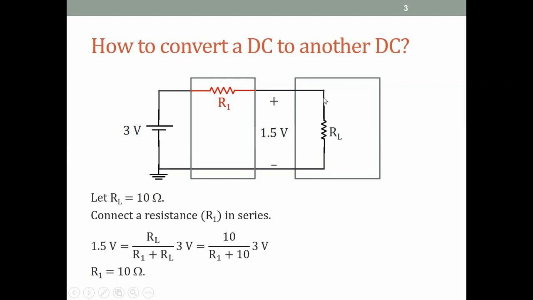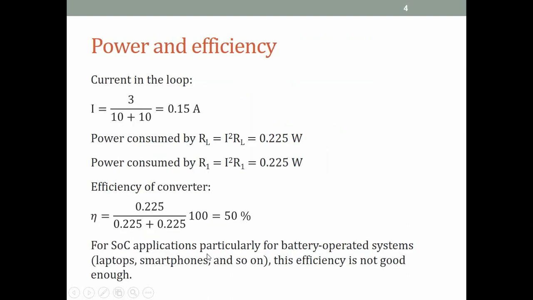So our goal is to operate this module here or this chip here, and in order to supply power to this chip, we are wasting 50% of the power from whatever is supplied. This is of course a very high fraction of power that is wasted, and in most SoC applications, particularly battery operated systems, this kind of efficiency is not good enough.